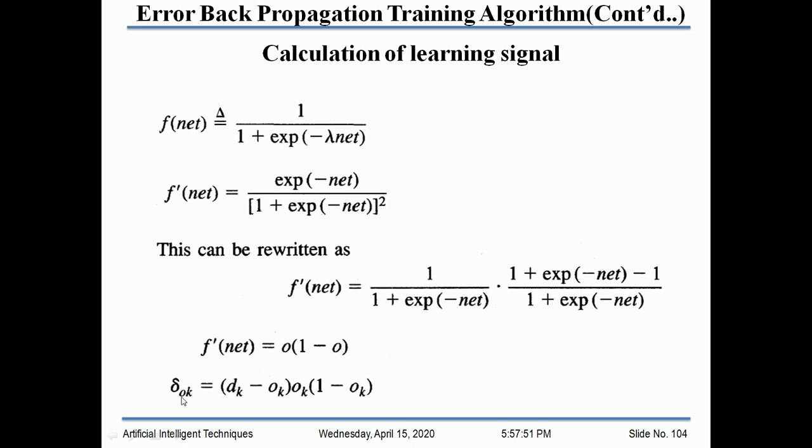Now what is the learning signal? Learning signal is the error, that is dk minus ok, multiplied by f dashed of net. We are considering the kth element, so dk minus ok into ok into (1 minus ok). Got it, all of you? What is the error signal or the learning signal? Delta ok equal to (dk minus ok), which is nothing but the error, multiplied by f dashed of net, that is nothing but ok into (1 minus ok).